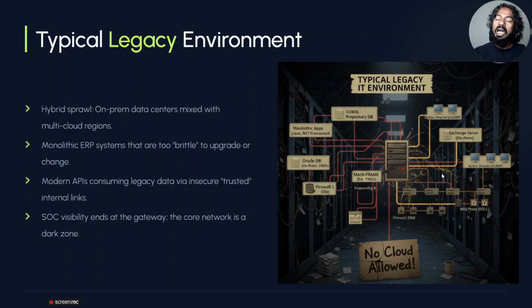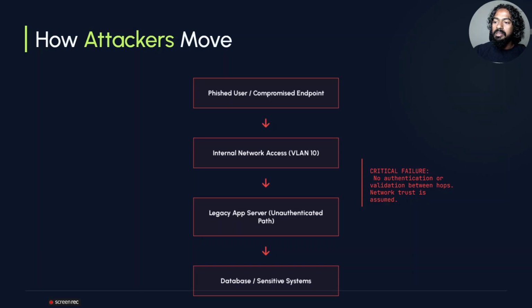Now, let's see how attackers love this setup, the setup we just discussed. The attack usually starts simple. Imagine a user gets phished, right? That gives the attacker internal network access. From there, they reach a legacy application server.